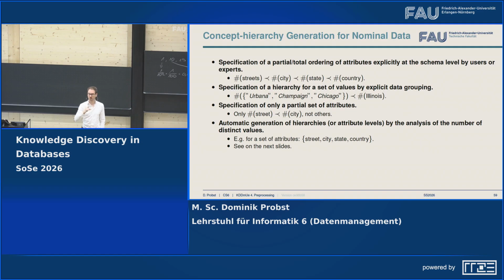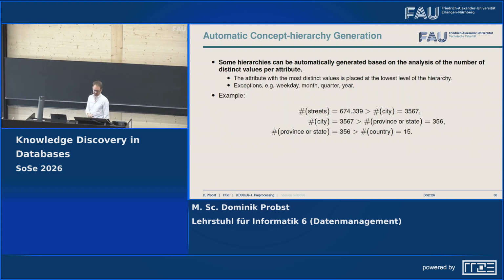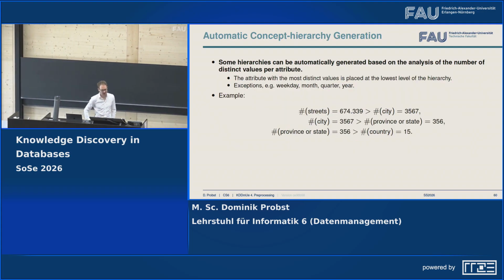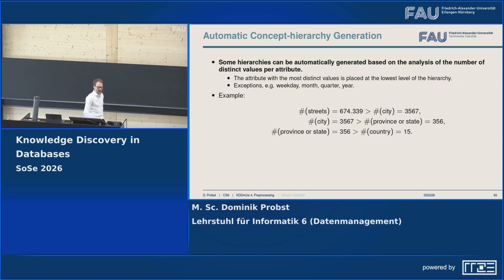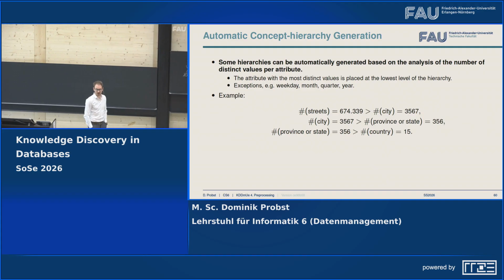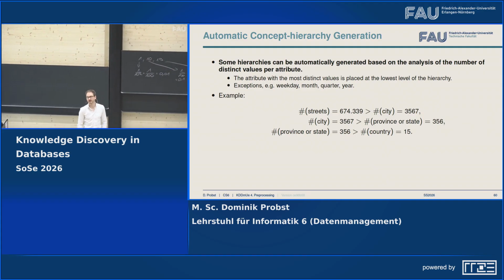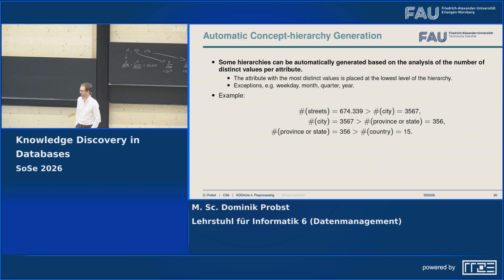You will have more cities in our world than you have countries in our world, and so on. The higher you go, the lower the number of different entities gets. So if you are in doubt which is the lower granularity and which is the higher granularity, you can always go by the number of different entities in each level.